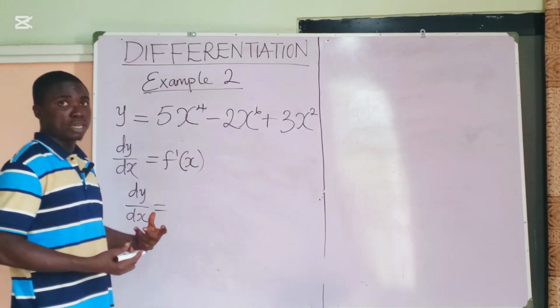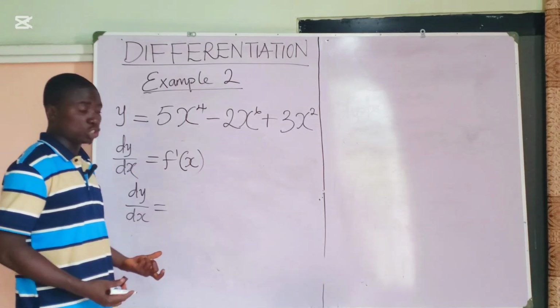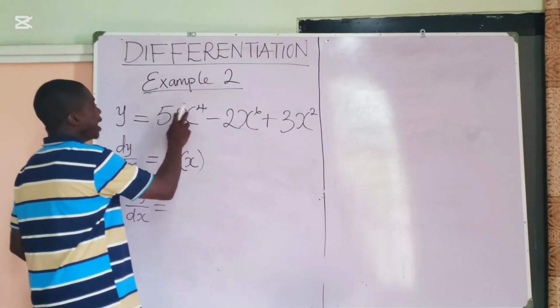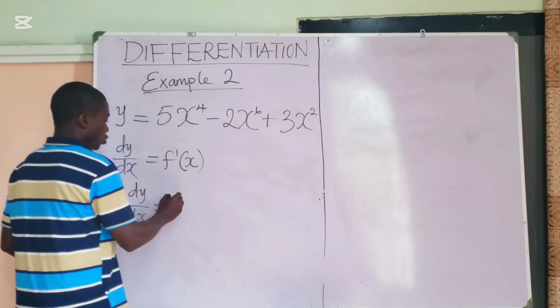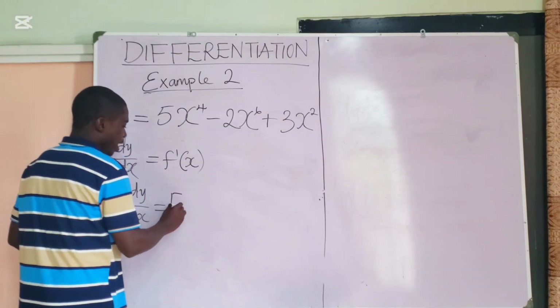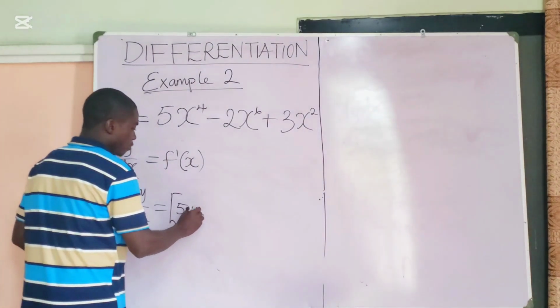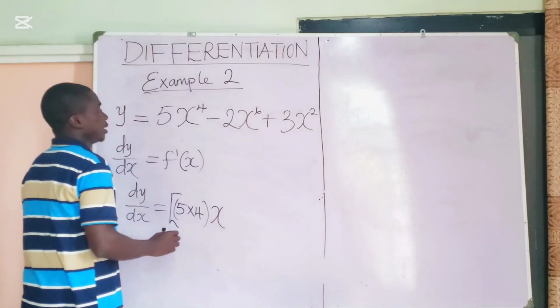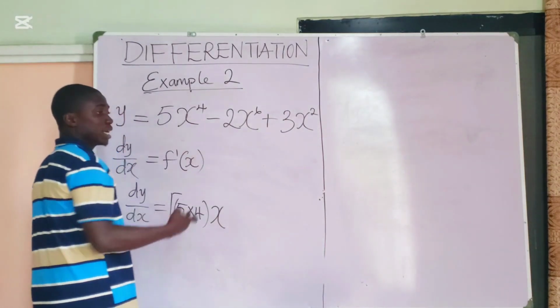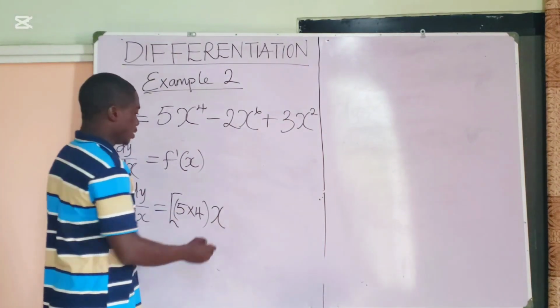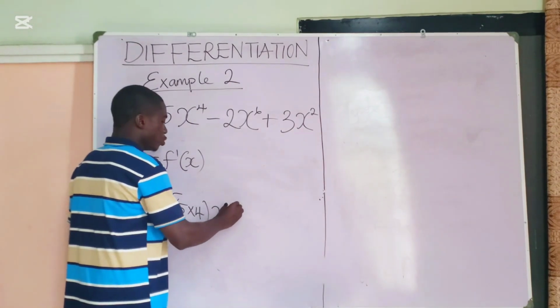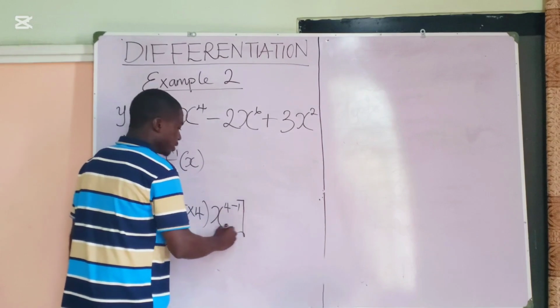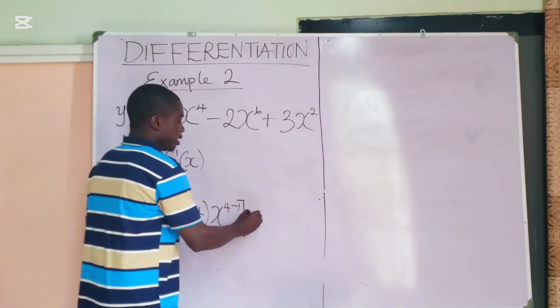That's the principle behind general method of differentiation. So we have here 5 multiplied by 4. You attach x raised to power 4 minus 1. You close your bracket and then minus.